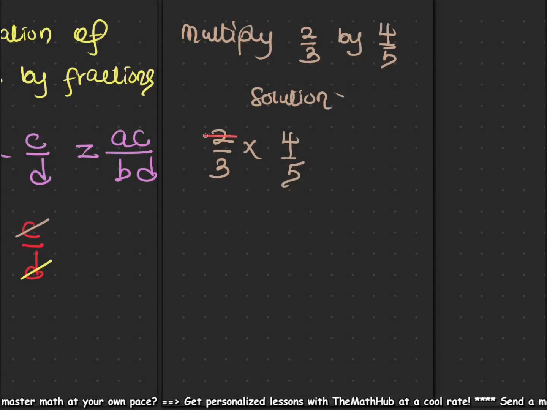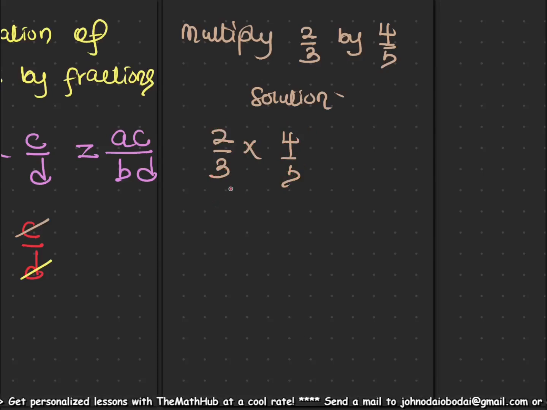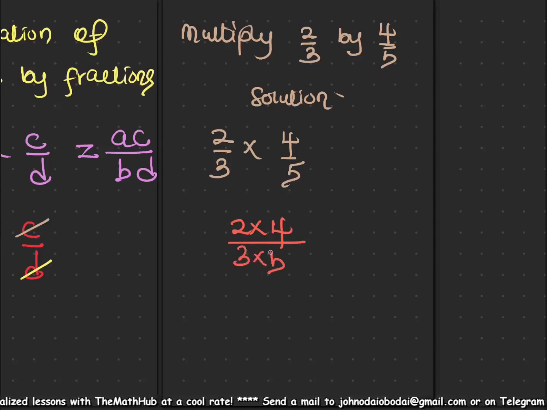That is, you can't say 2 divides 4. We don't do that. It is only vertically or diagonally. If you look at it vertically, there's nothing to simplify. There's nothing here also to simplify. Diagonally also has nothing to simplify, and same as here. So we have 2 times 4 all over 3 times 5.